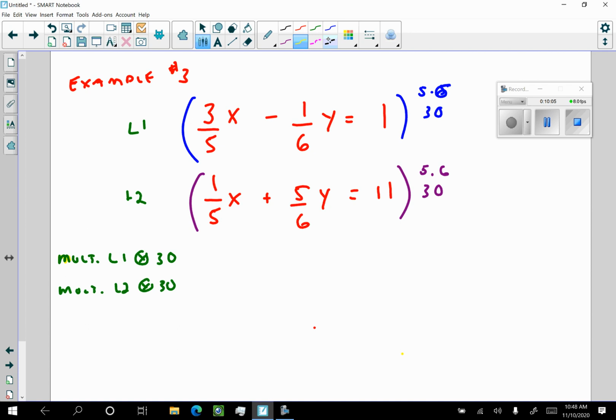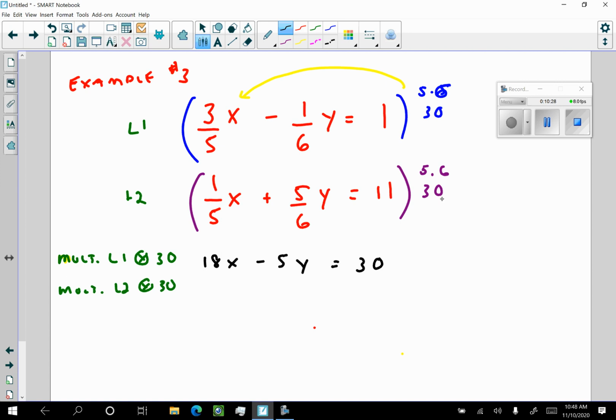If I go here, the 5's cancel, and I have 3 times 6, which is 18x. 30 times 1/6, the 6's cancel, is negative 5y, is equal to 30. That's L1 rewritten, L1 multiplied by 30.